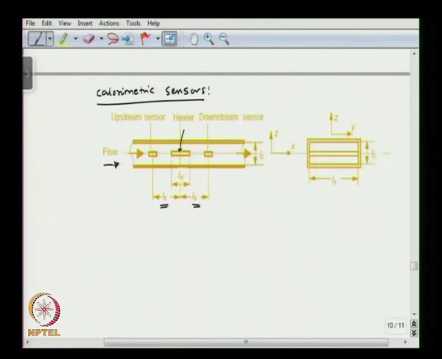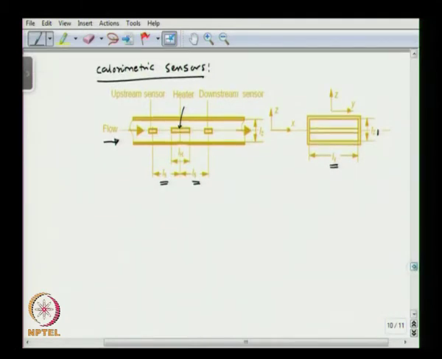When there is no flow, the temperature profile is going to be symmetric, and when there is flow, the temperature profile is going to be asymmetric. Okay. So, here the channel cross section is given, Ly and Lz are the lengths of the channel, and this heater is located at the center of the channel height. Okay.